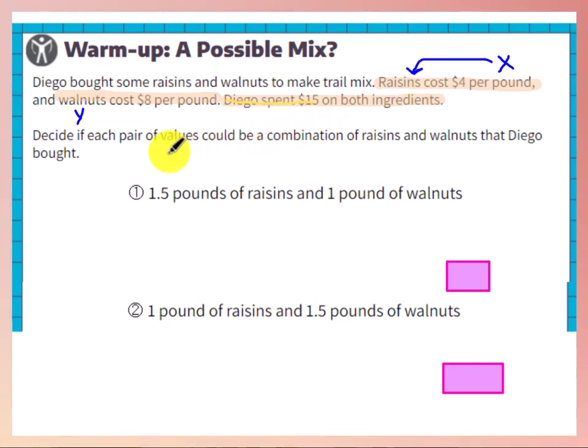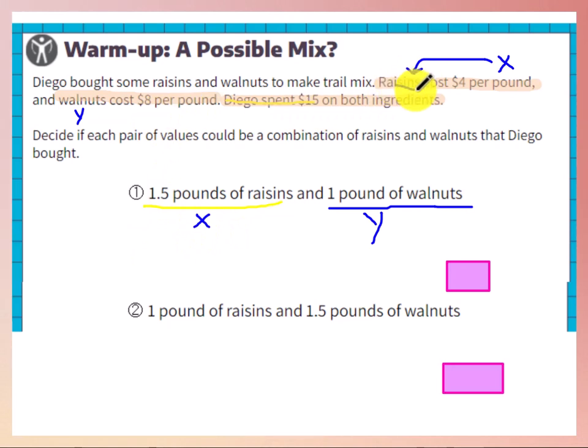Decide if each pair of values could be a combination of raisins and walnuts. So what we're doing is we're testing to see if 1.5, that's going to be our X, and 1, that's going to be our Y, substituted into the equation gives us a true statement. All right, so let's think about how we would put that together.